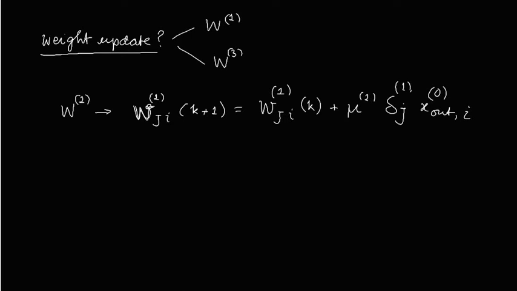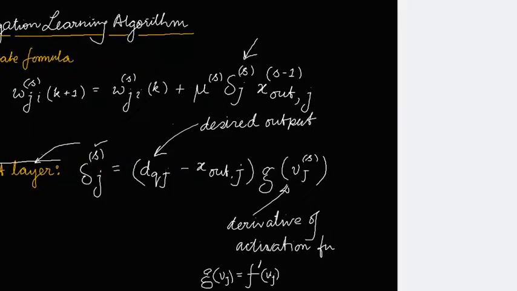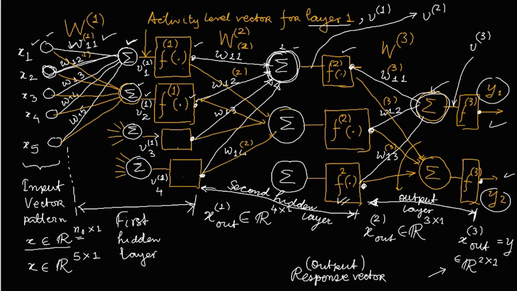And what is x out superscript 0? We have seen that it is this part, the output here, which we call x out 0. So all these are components of this vector, which we also call the input vector pattern, this one.